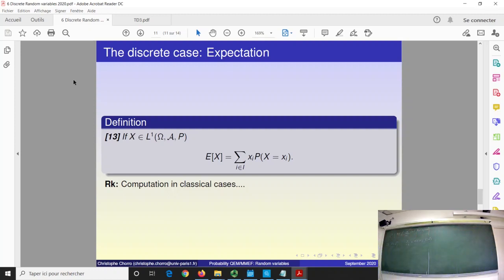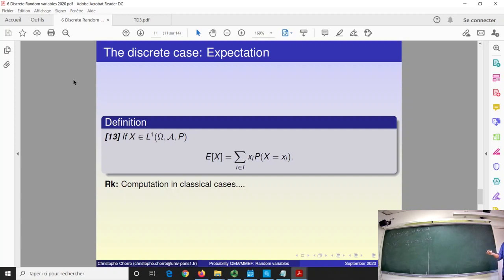In the case of positive numbers, it may be plus infinity also, and I don't want this case. Because if I write some algebraic relation with plus infinity inside, nothing works. So it's something that I don't want. So, definition of the expectation, and intuitively, what is the expectation is just a kind of mean.